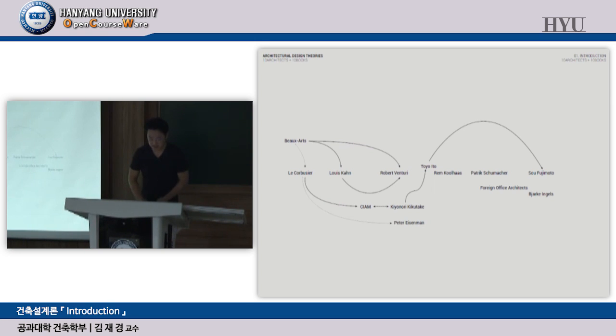And Peter Eisenman didn't have a direct relationship with Le Corbusier, but in some articles and interviews he said he admired Le Corbusier, and he tried to not reinvent, but rethink his architecture.